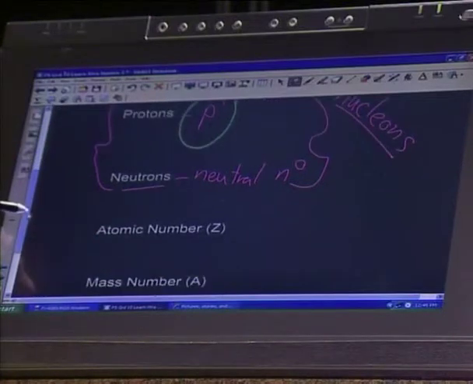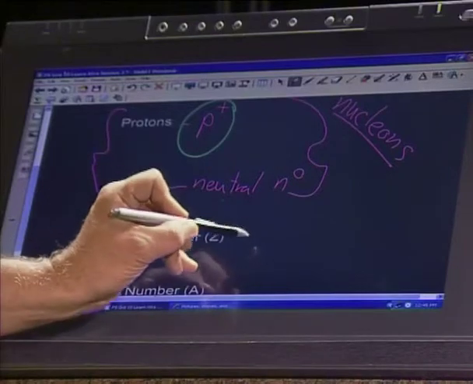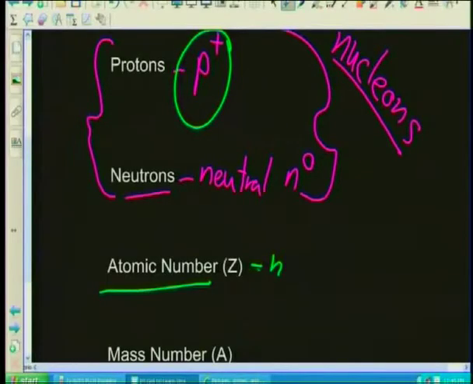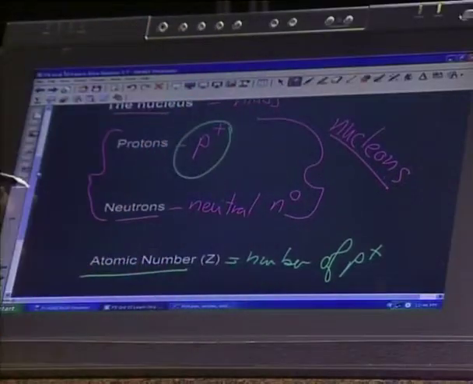And so what we have here is something called the atomic number. And the atomic number is equal to the number of protons. And this is what gives the elements their specific properties. The size and the mass and the charge of the nucleus.